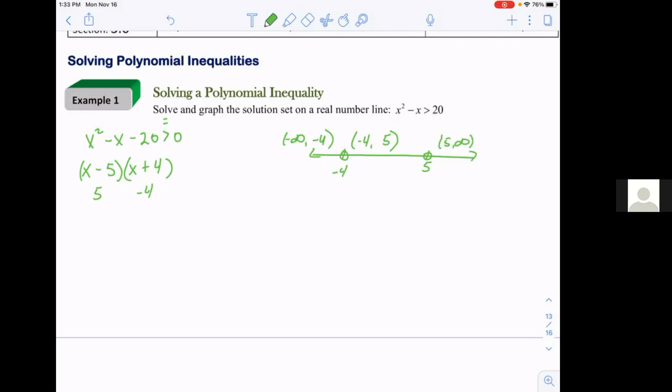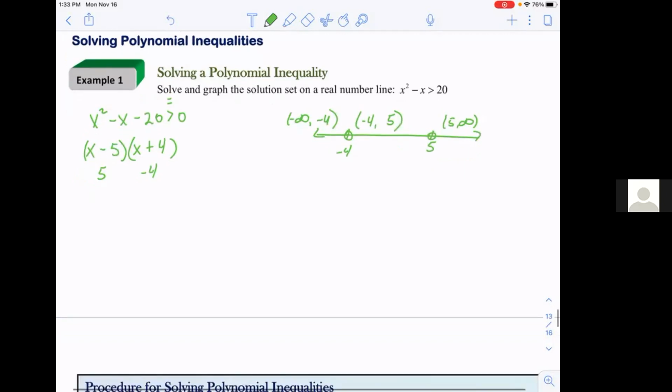Now we're going to go through something called a sign test in order to figure out which of those intervals are going to be my true solutions. So I'm just going to recopy the intervals. Probably I shouldn't have written them up there before, but for the first time through, I just wanted to show you where those intervals came from. But there are my intervals.